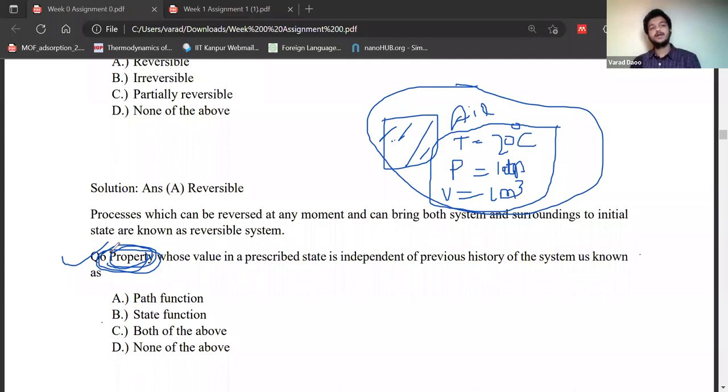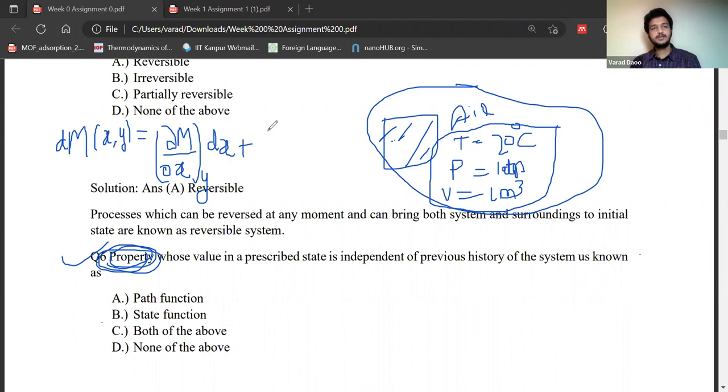Another characteristic of properties is that we can write a complete differential of a property. So let's say M is a thermodynamic property, which is a function of x and y. So we can say dM equals del M by del x at constant y, dx, plus del M by del y at constant x, dy.